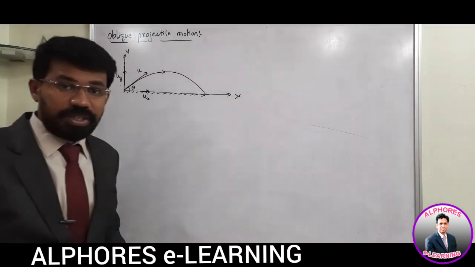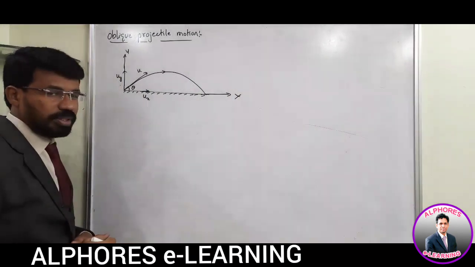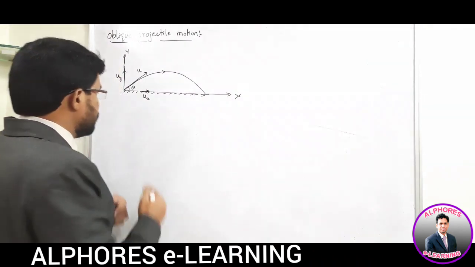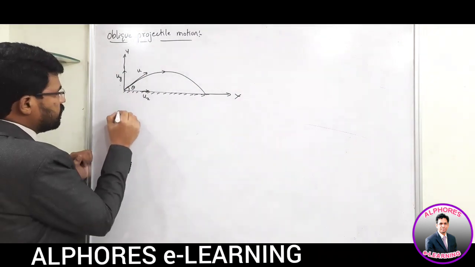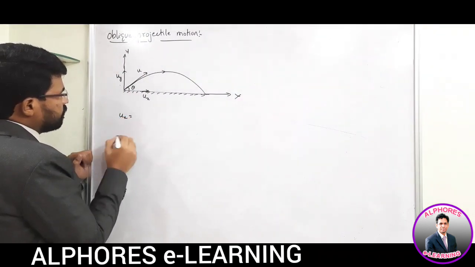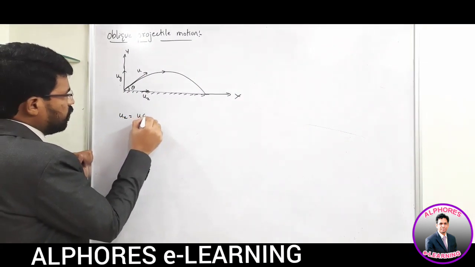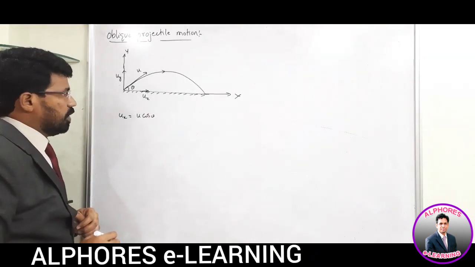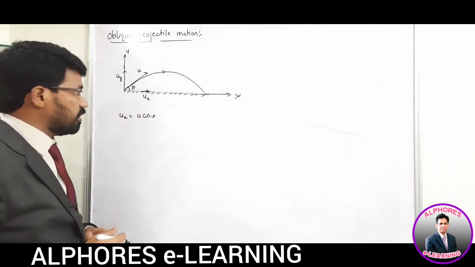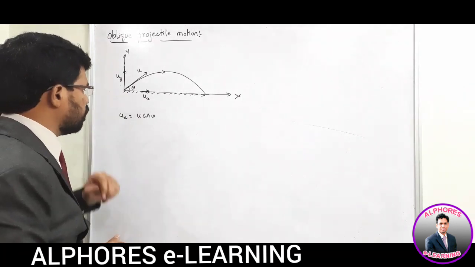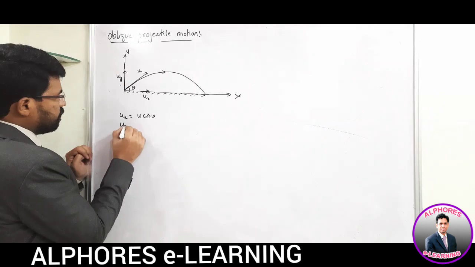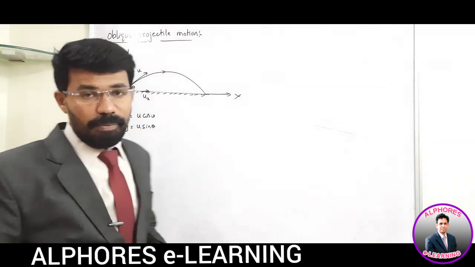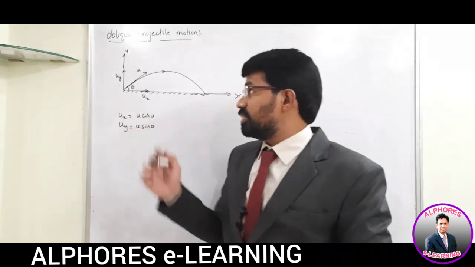From our knowledge of vectors, we have already discussed resolving a given vector into rectangular components. How can this u be resolved? This ux is equal to u cos theta, isn't it? Along the direction with which the given vector makes an angle theta, the cos component exists. So uy is equal to u sin theta. These are the two components of velocity that we can obtain for the given initial velocity.